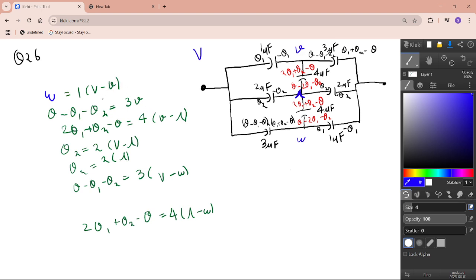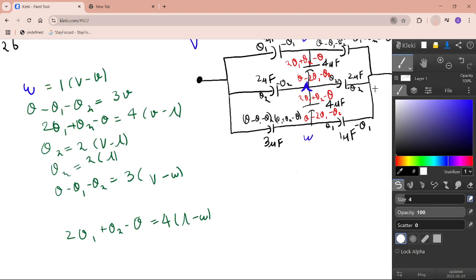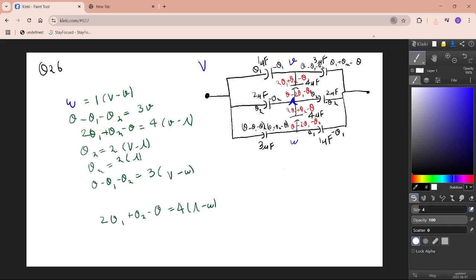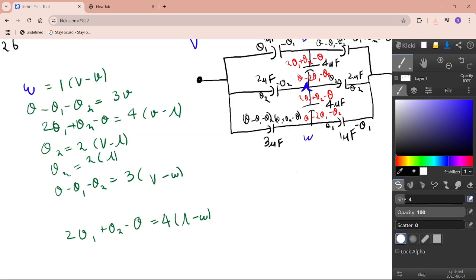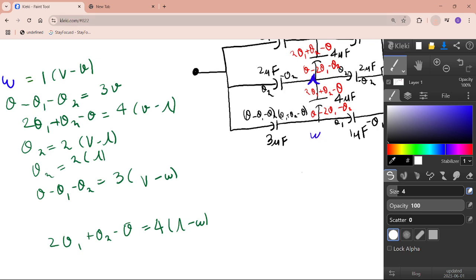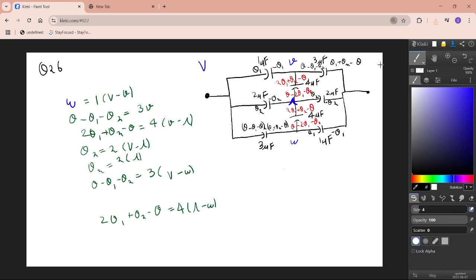How do I turn on the eraser? Is this the eraser? No. Actually, I am not very used to my pen tablet. Please reset.